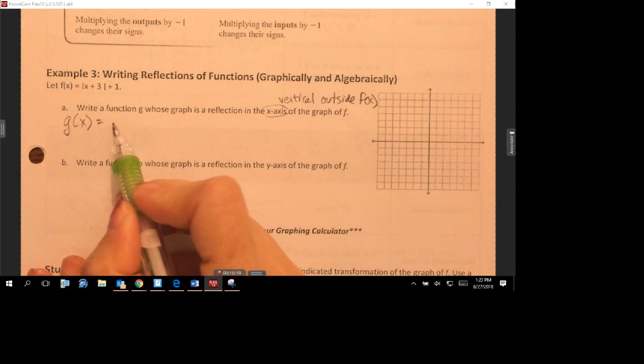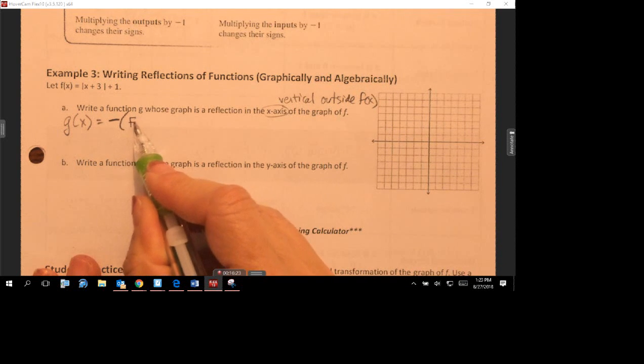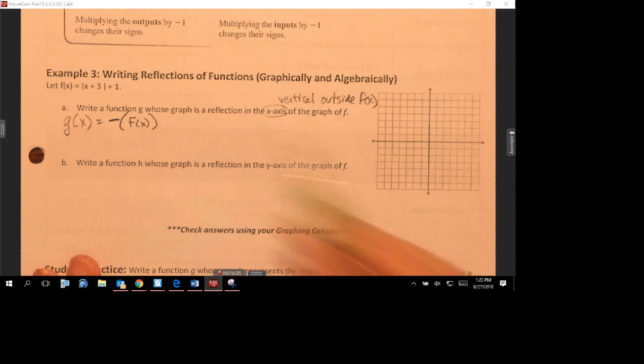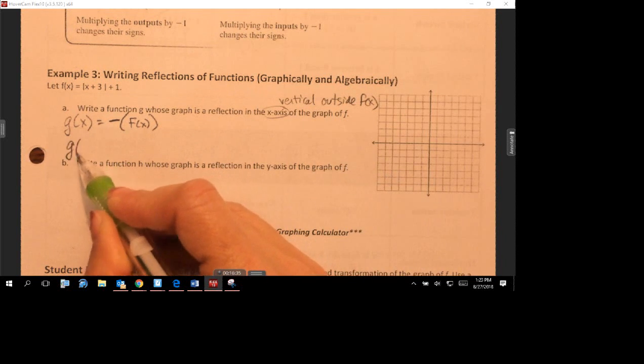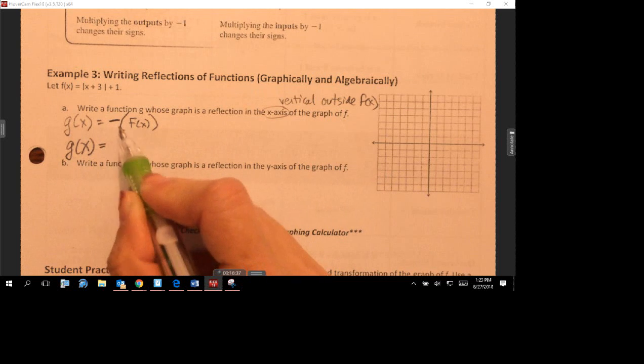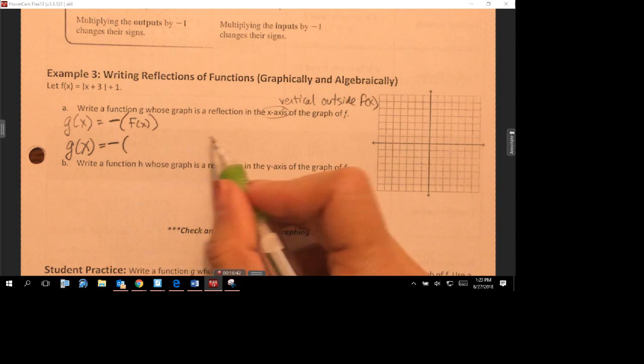So the way I'm going to write that is I'm going to write a negative sign, parenthesis, f of x, close parentheses. So that tells me the negative goes outside of the entire function. So then we'll write the entire function in there. I'll copy that negative sign in that parenthesis, but I'm going to put the entire f of x function in there.